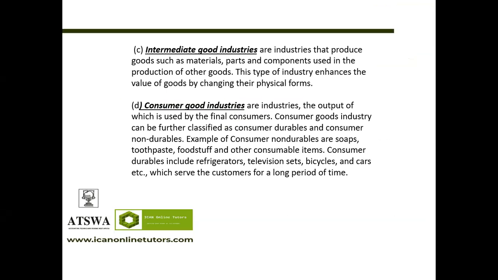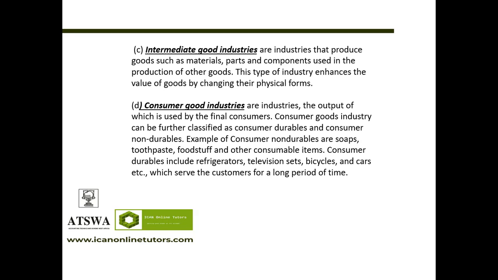We also have the third one, called intermediate goods industry. Intermediate goods industries are industries that produce goods such as material, parts, and components used in production of other goods. This type of industry enhances the value of goods by changing their physical form.